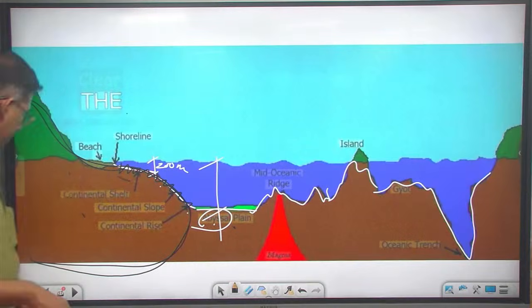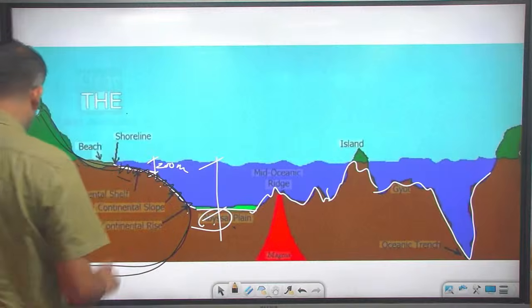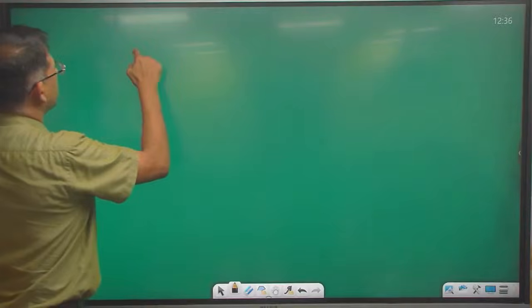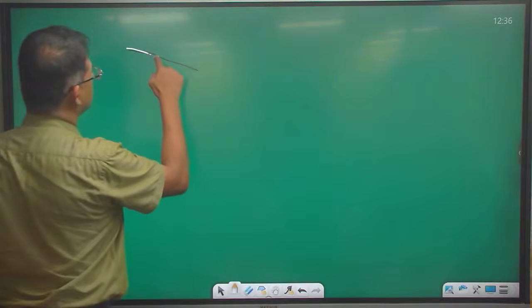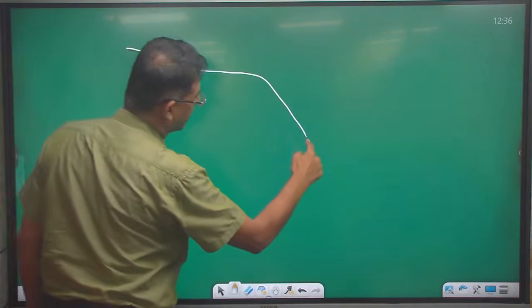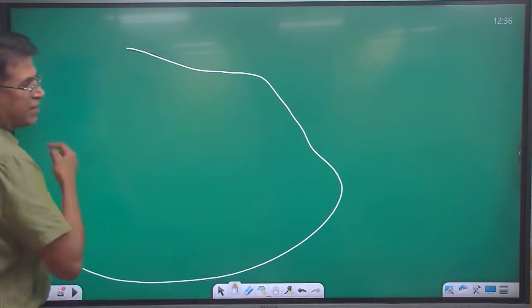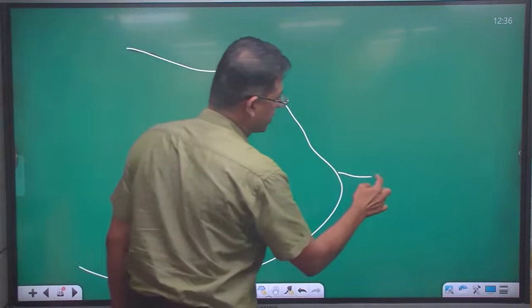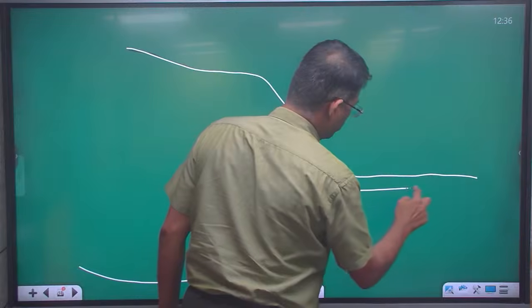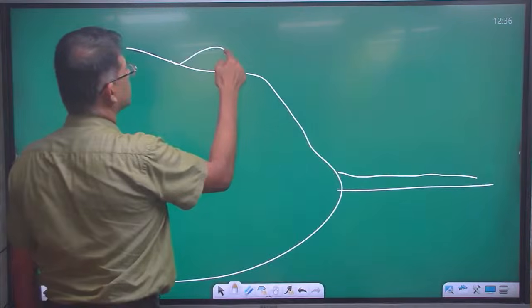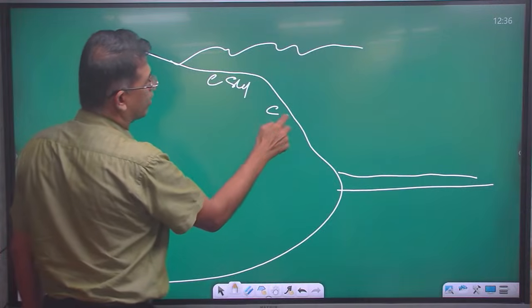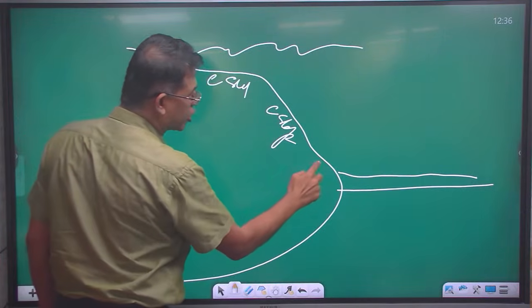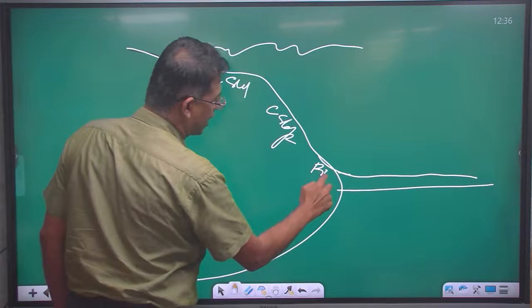So if you remember the diagram we had drawn, we said this is the continent, ये पूरा continent है ऐसे, and then we said यहाँ से this is the ocean floor, this is the water. So continental shelf, the slope, the transition called as the rise.